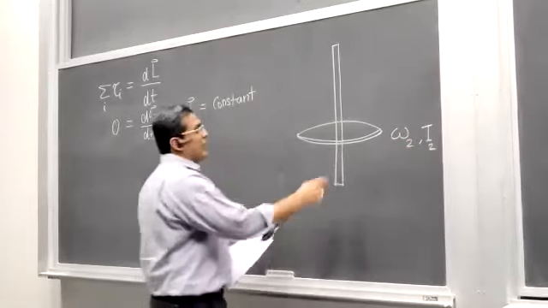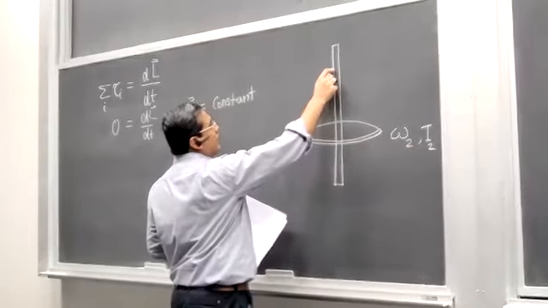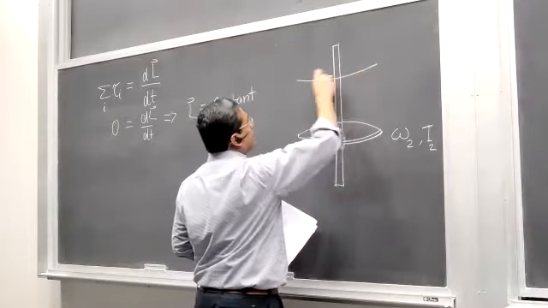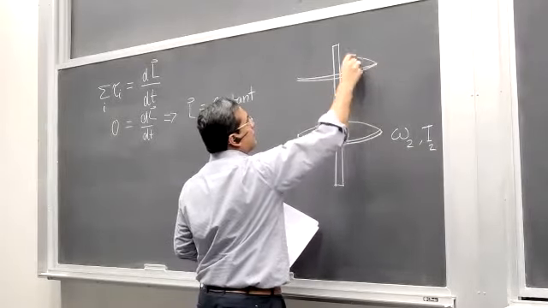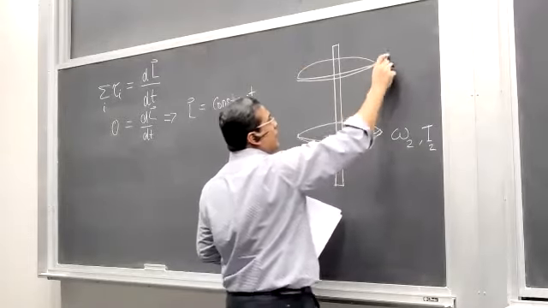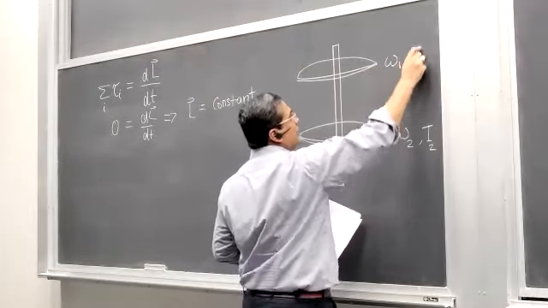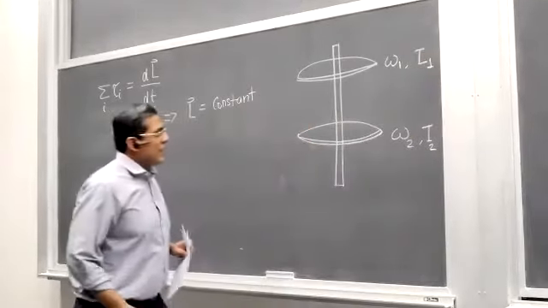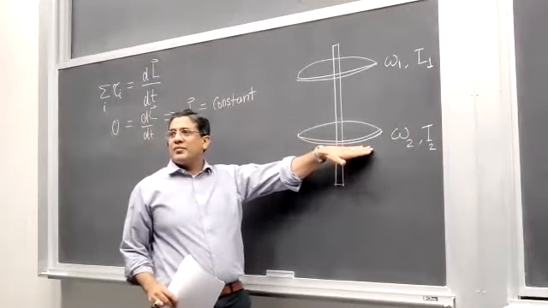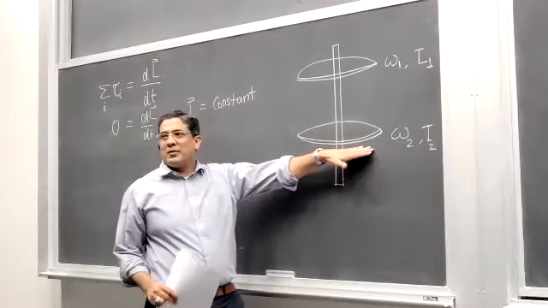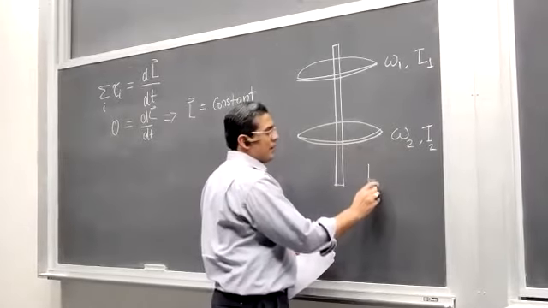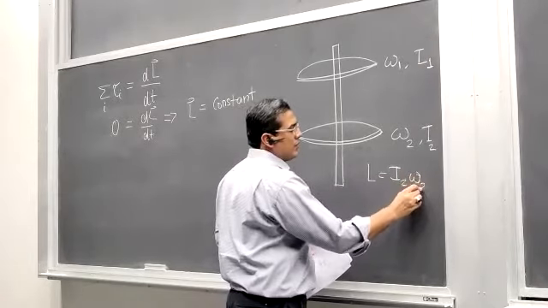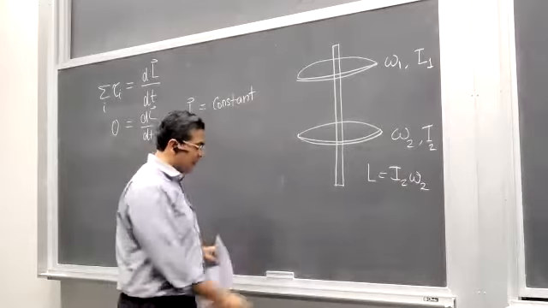And then we have another disc on that spindle, which is rotating with omega 1, and its moment of inertia is I1. Now let's say that this is rotating, so it has a certain angular momentum. What is its angular momentum? I2 omega 2, no? That's its angular momentum.